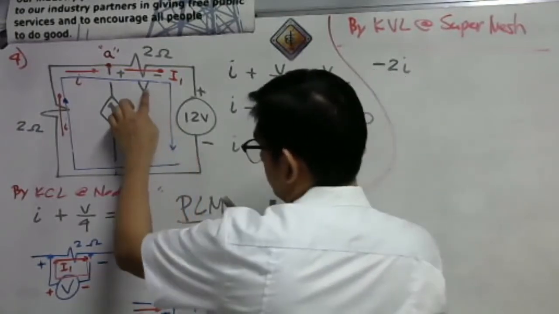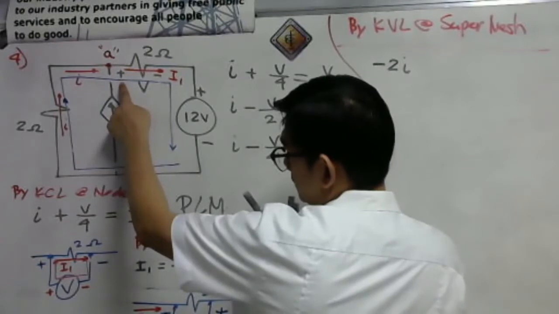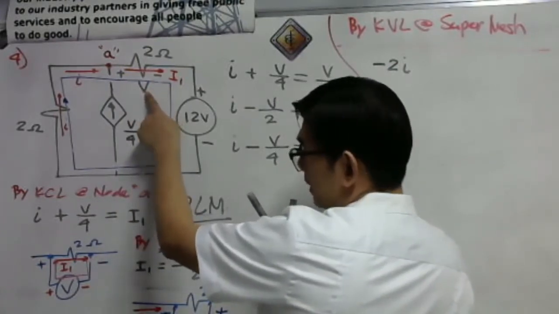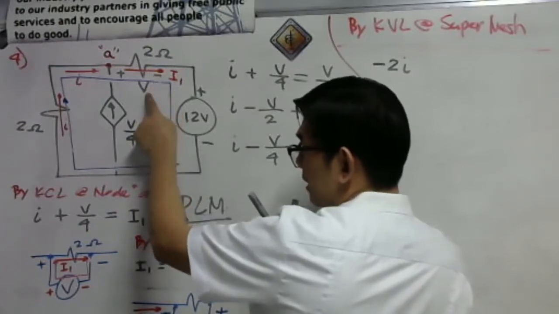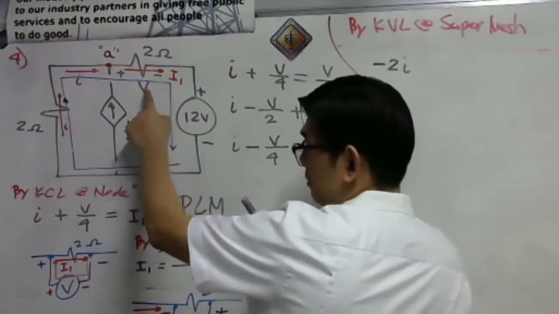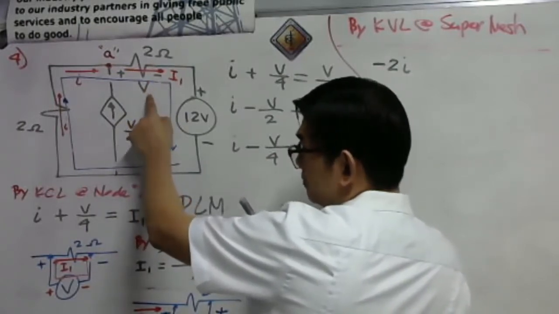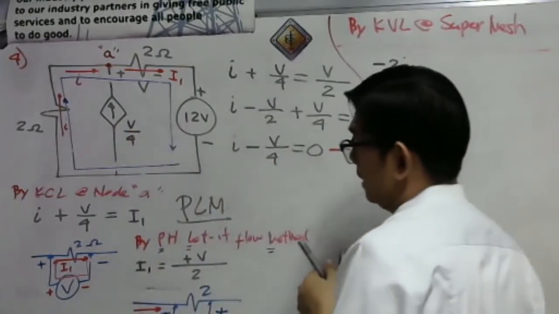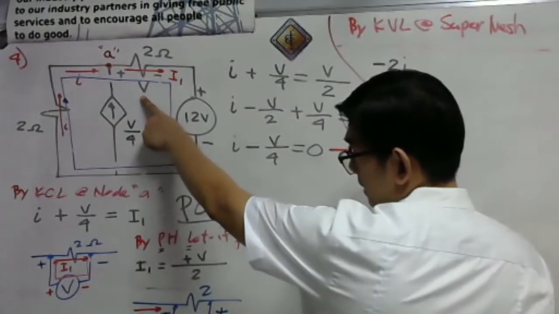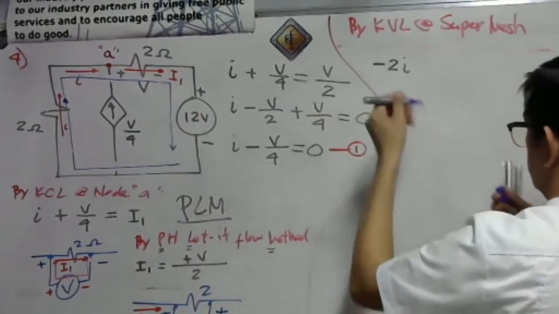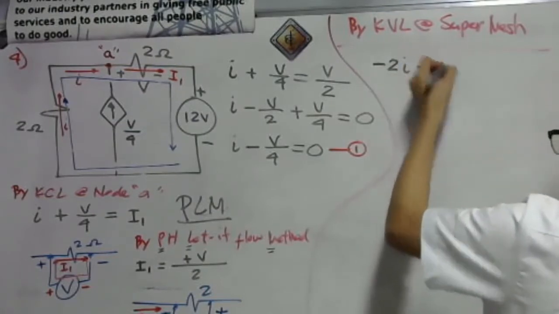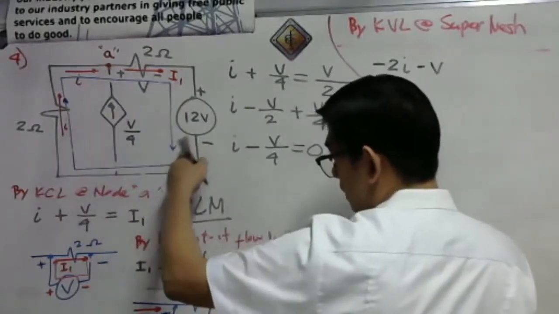The circuit tracing leaves on the negative terminal of the voltmeter, so that should be negative B. So just put here minus B. Then, what about the 12-volt source?